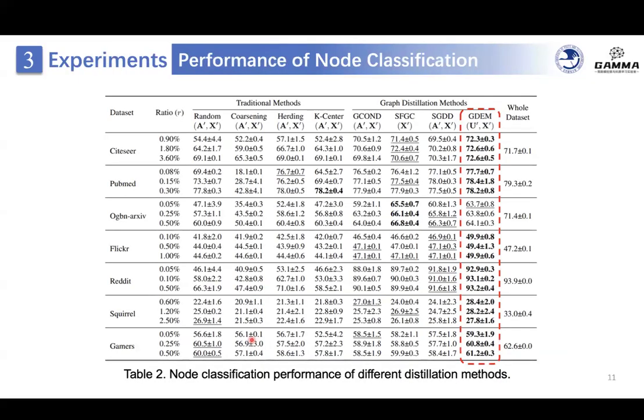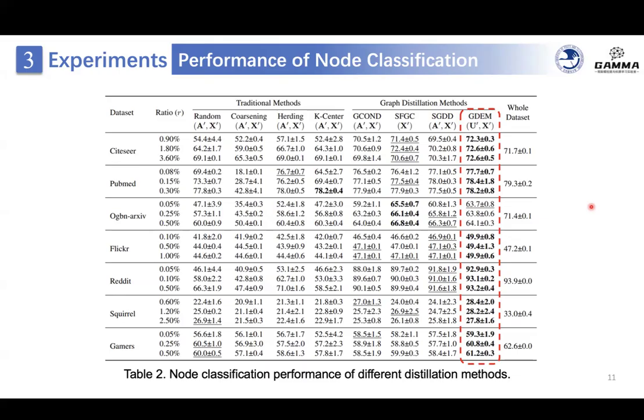Yeah, the method to synthesize the graph structure is different from the baselines. Gotcha. Okay, cool. Thanks. Yeah, because the property of the spectrum can preserve some important information of the raw graph.